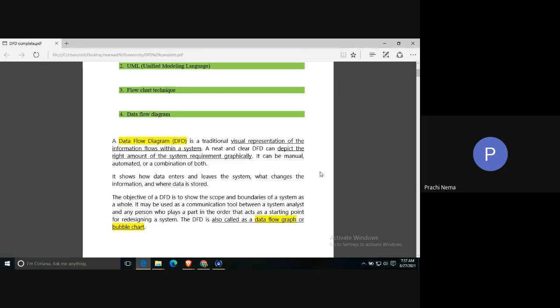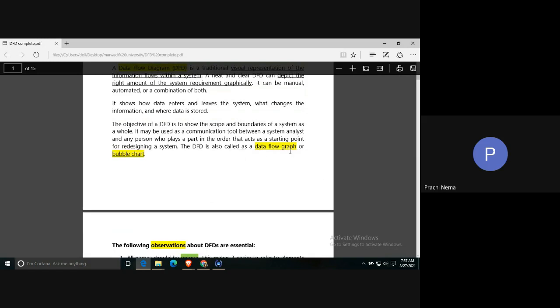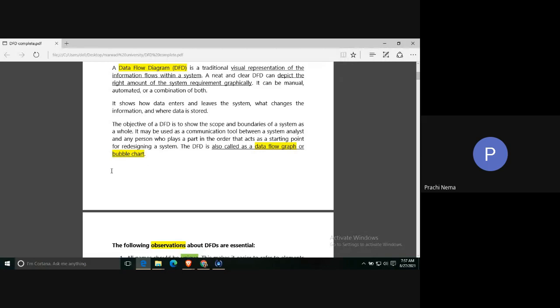Only the required information is shown in graphical format. The other names which we use for DFD are data flow graph and bubble chart. Bubble chart is more often used.